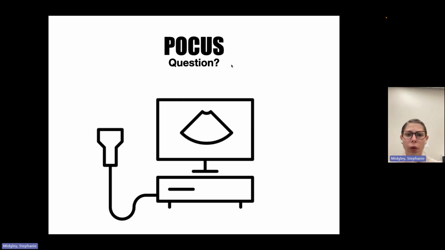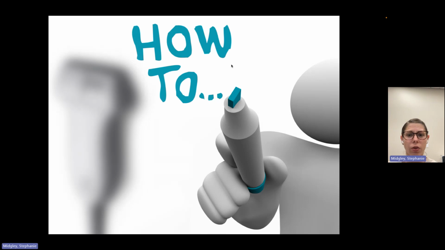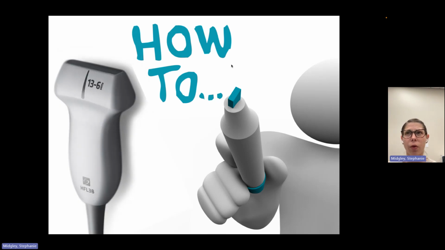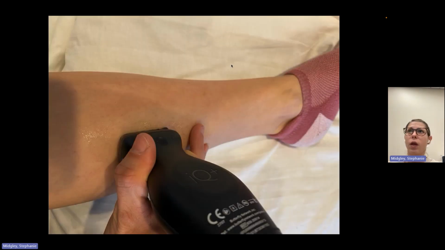So you can't use it to figure out cellulitis or not. But what you can do is look for the severity of the cellulitis, look for complications like an abscess, and look for things like necrotizing soft tissue infections. So how do we do it? Again, your linear probe. You're putting the probe on a cootied skin, so try to make sure that you cover it, both to protect the probe and to protect the patient.